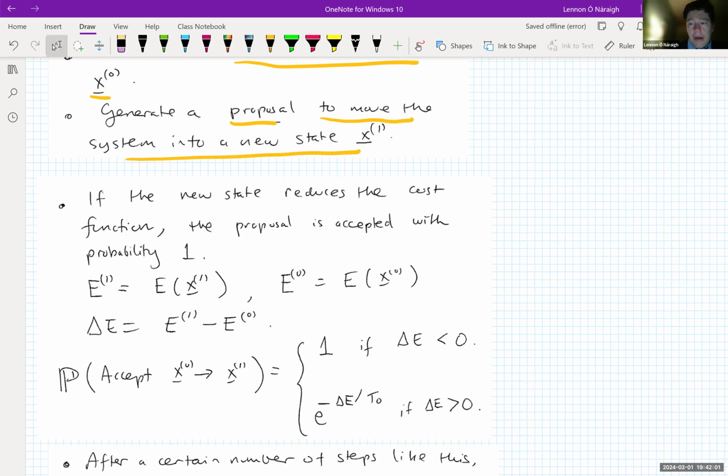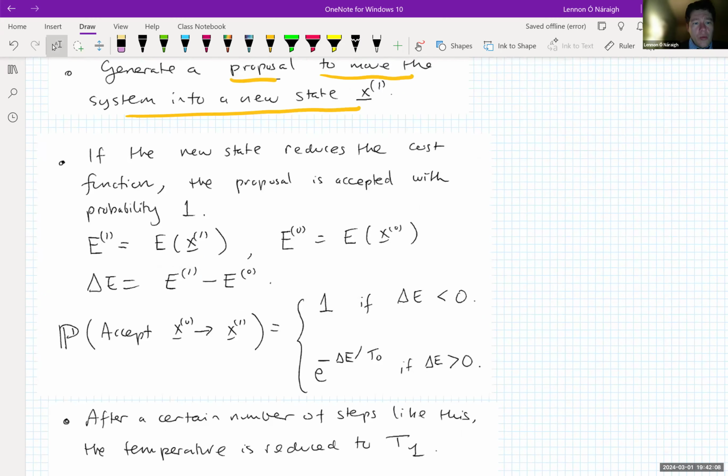And in this simulated annealing, where we're simulating the quench of the system to absolute zero, we accept the new guess with the following kind of scheme. If the new state or the new guess reduces the cost function or the energy, then we accept the proposal with probability 1.